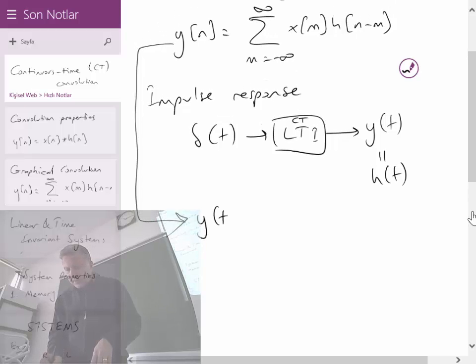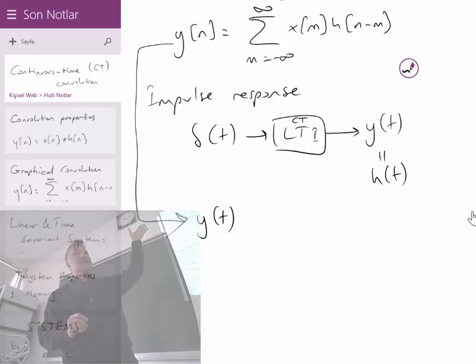Y of t, just try to convert everything discrete time at the top to continuous time at the bottom. Y of t is equal to, will it be a summation? No, summation is in discrete time. We will use an integration from minus infinity to infinity. Now, the integration running time is like the running time here, which is m.